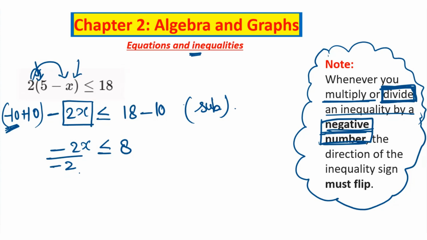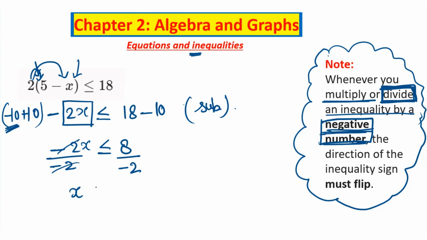And we will apply the division on both sides, not only on a single side. Not only on the left, on the right also. Now, negative 2 will be cancelled. x, just copy it down.